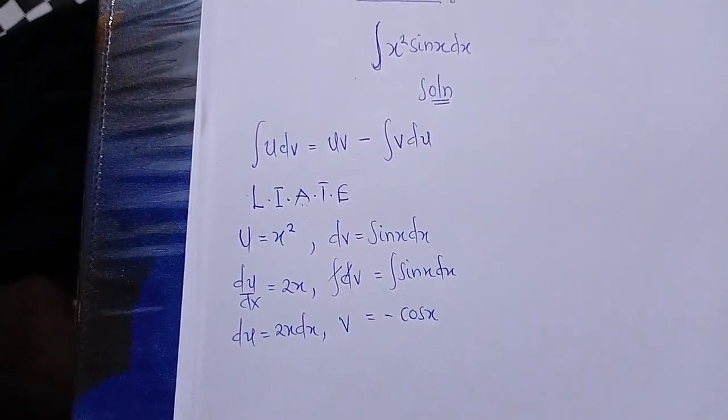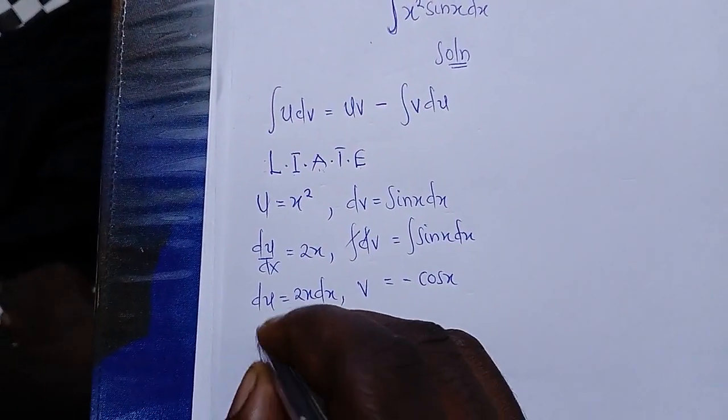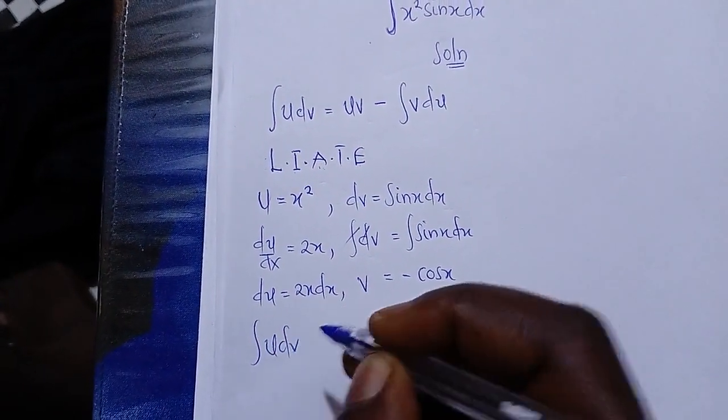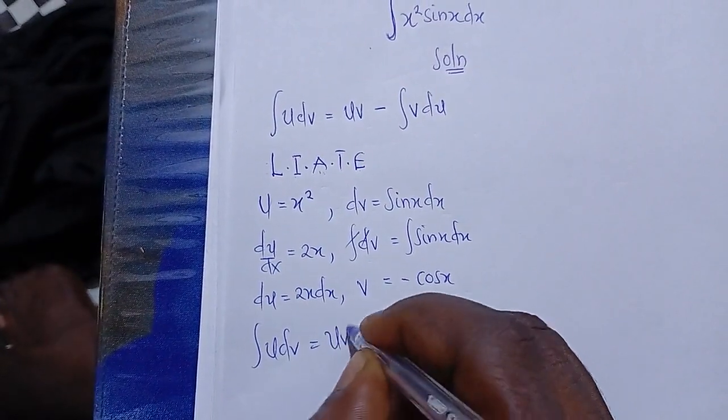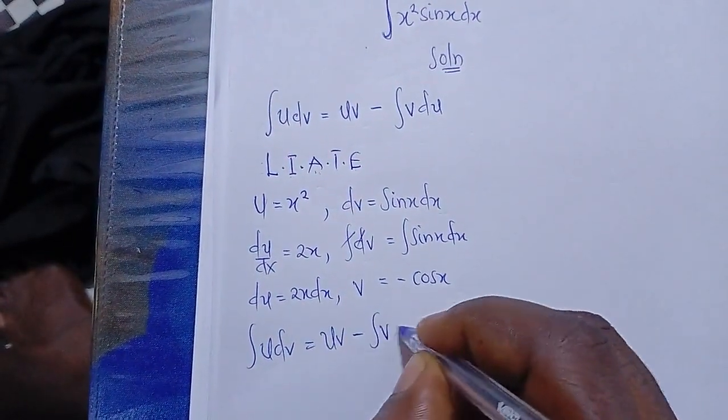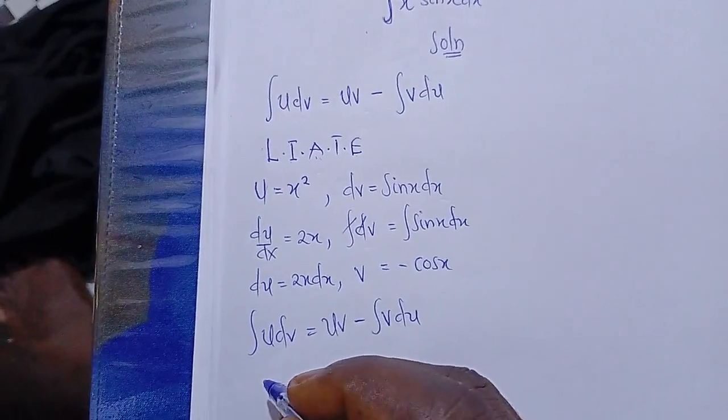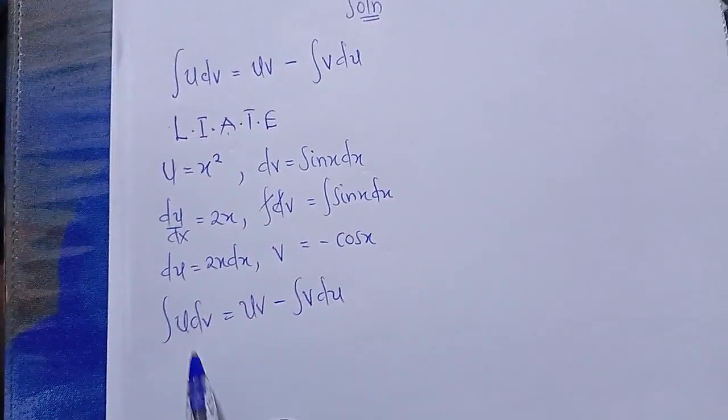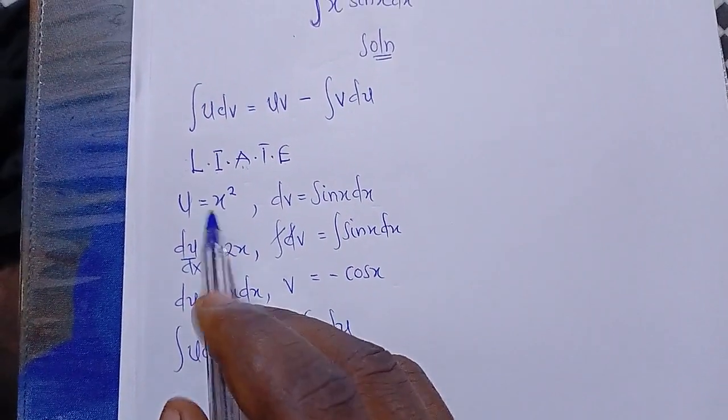Now from here, let me write my formula again. Just by substitution, my u is equal to x squared.